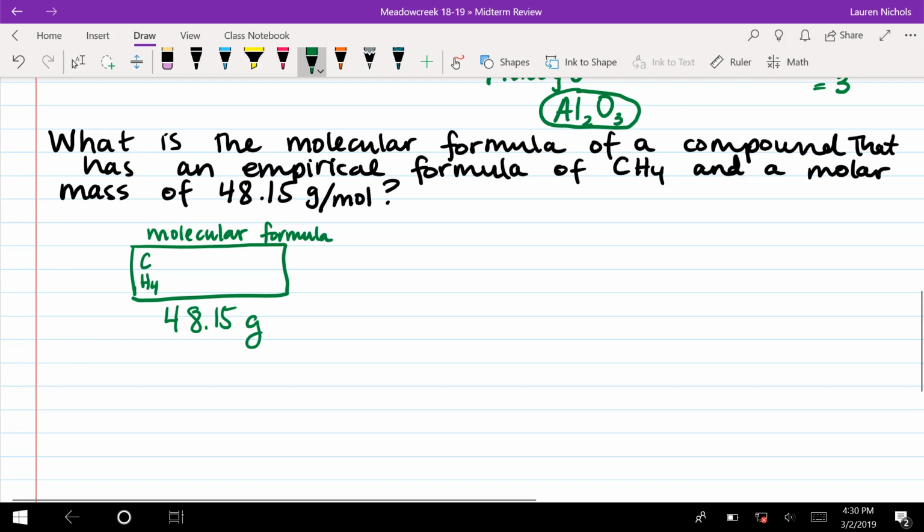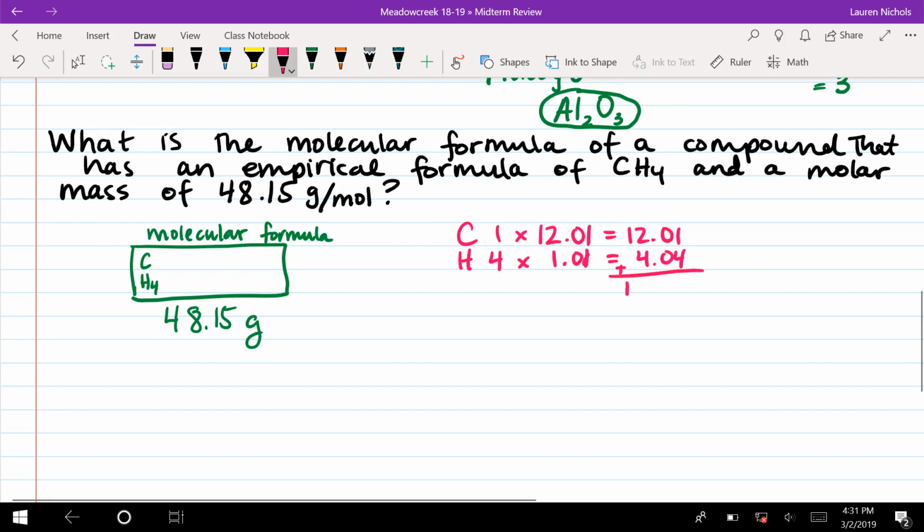So you need to compare the mass of one piece and figure out how many times it can go into the whole. That means calculating the molar mass of CH4. We have 1 carbon and 4 hydrogens, and we multiply by their masses on the periodic table, which gives us 4.04 for hydrogen.